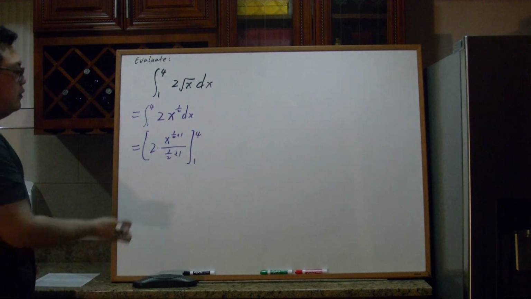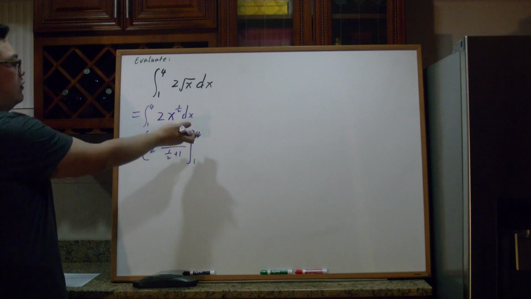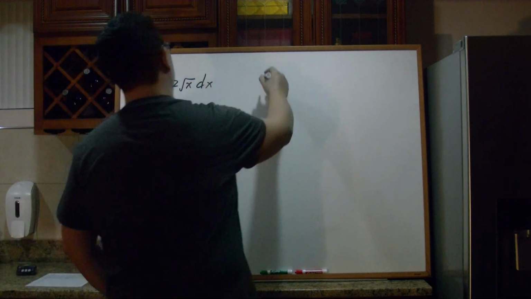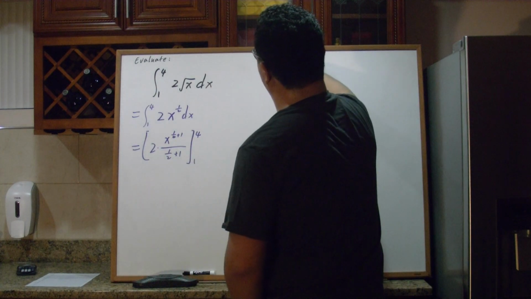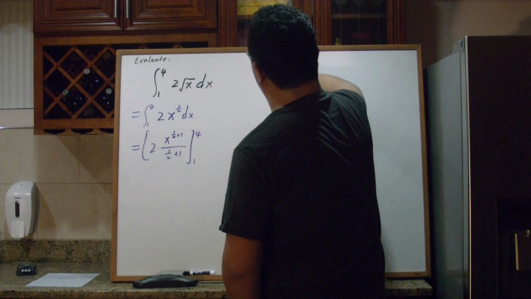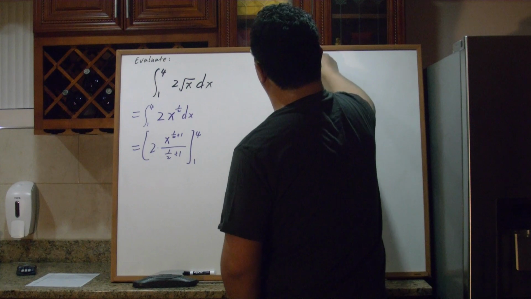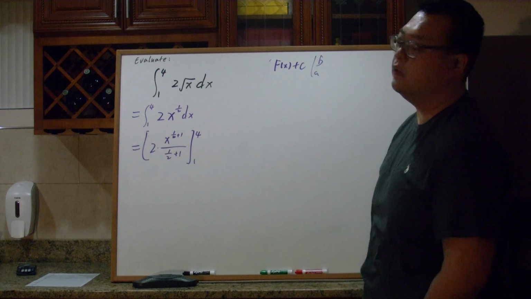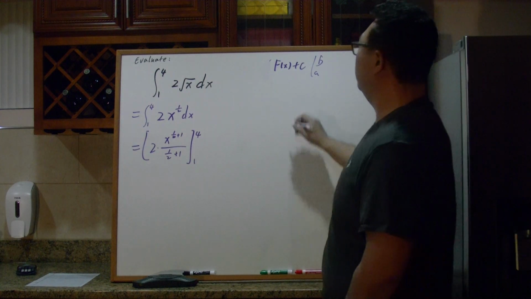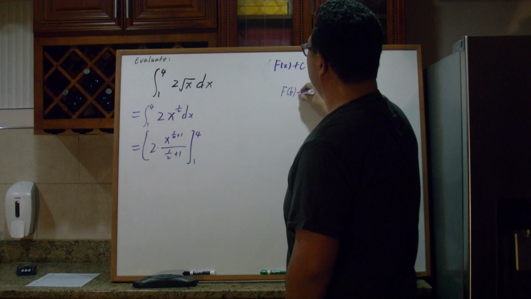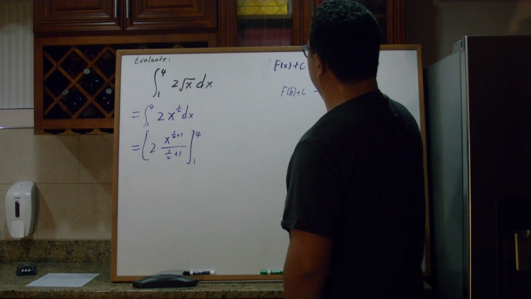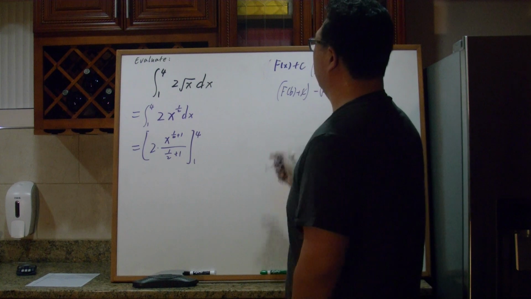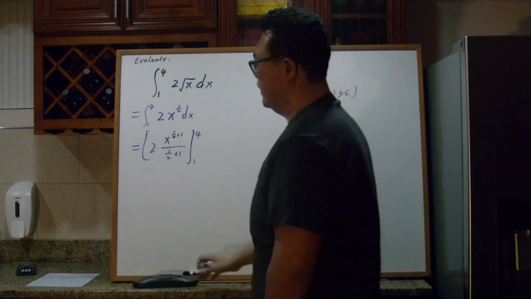Realize that with a definite integral we do not need to add plus C. Even if we add C, it will be cancelled out at the end: we get F of b plus C minus F of a plus C, the C's cancel out, and that's still F of b minus F of a.